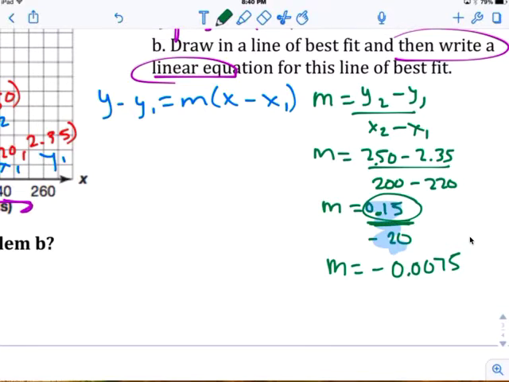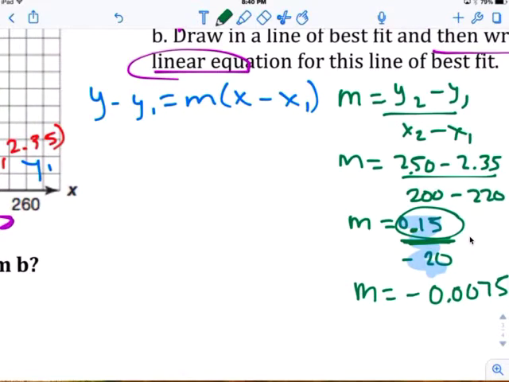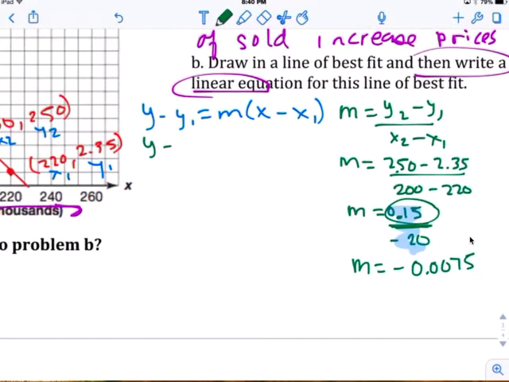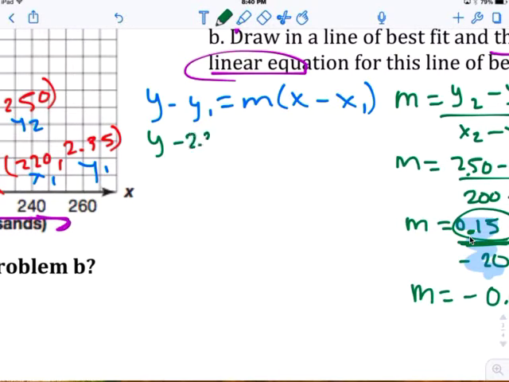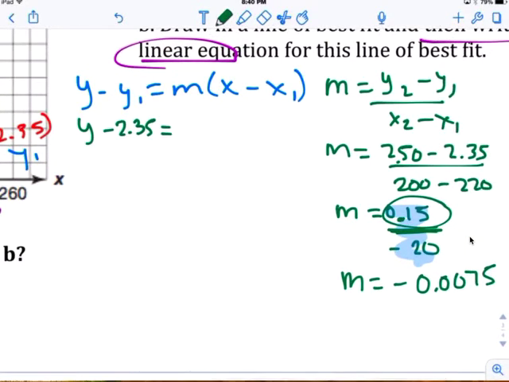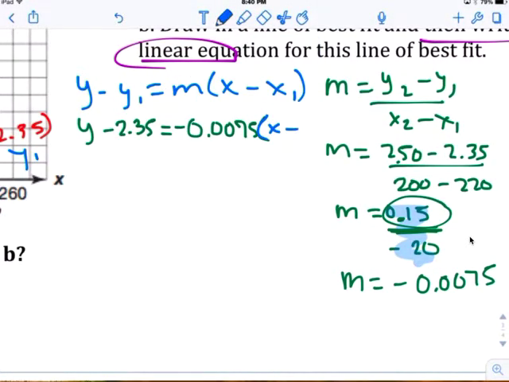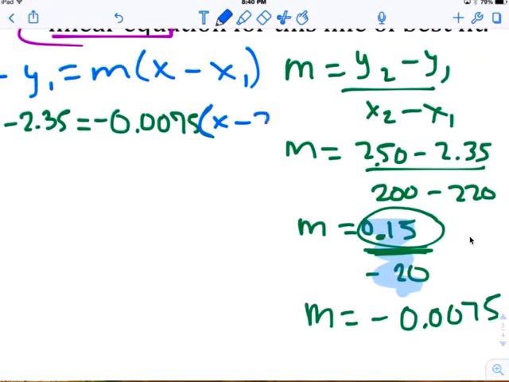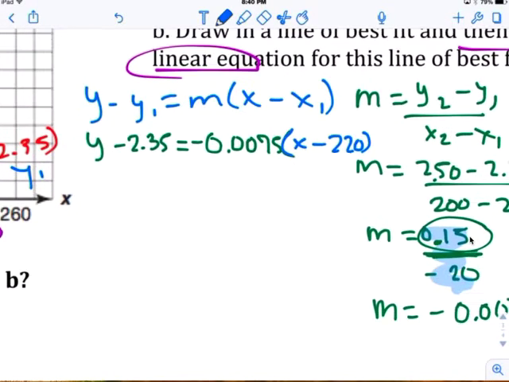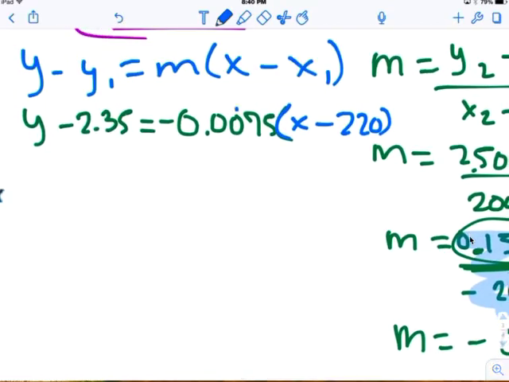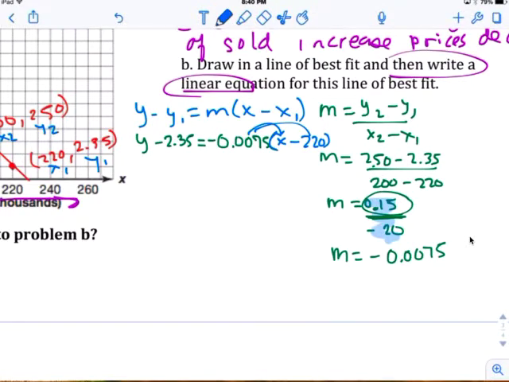So make sure you make it into a decimal like that, and go y minus y1, which is $2.35 equals m, which is negative 0.0075 parentheses x minus x1, which is 220. 220 gallons, thousands of gallons. Distribute, you finish this. You guys know how to do the rest, right?